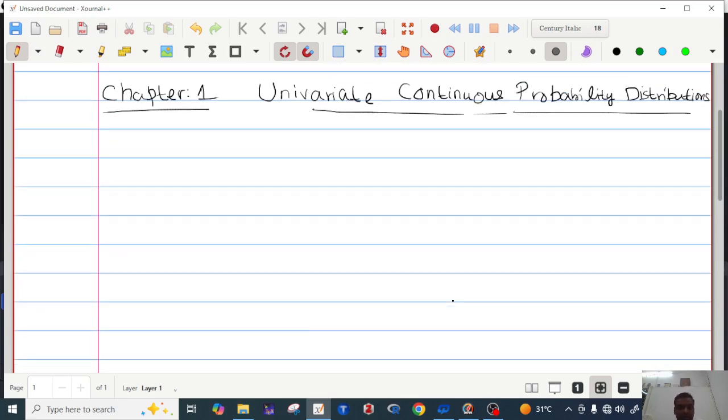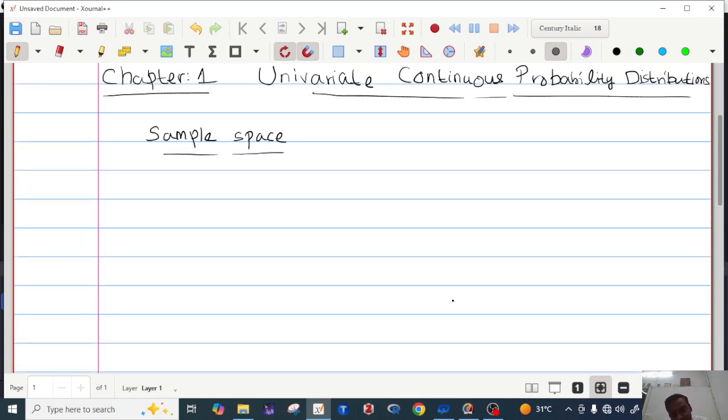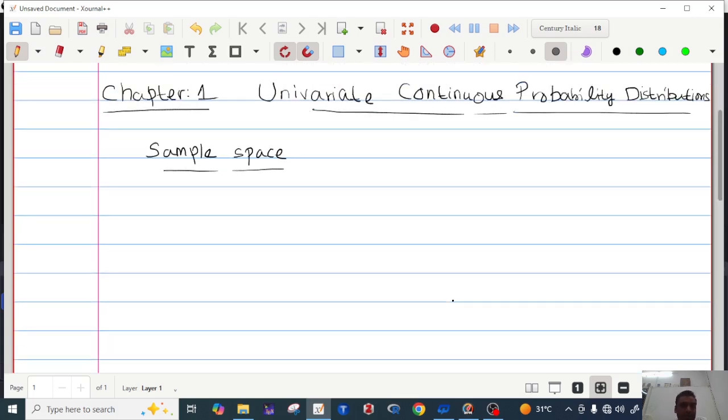So we know that one basic concept is sample space. What do you mean by sample space? Sample space is the collection of all possible outcomes if we perform the experiment.